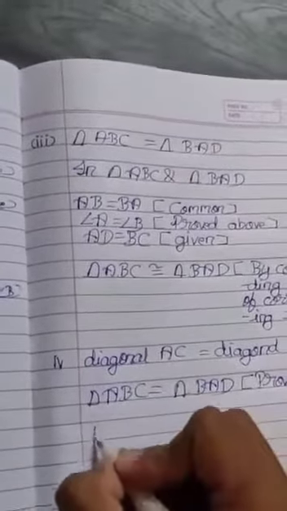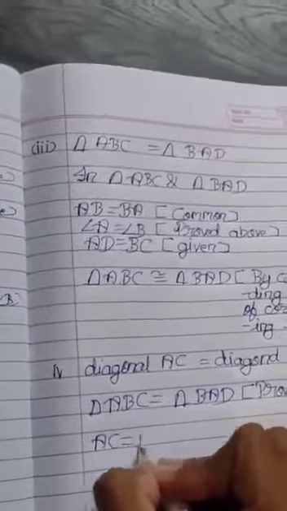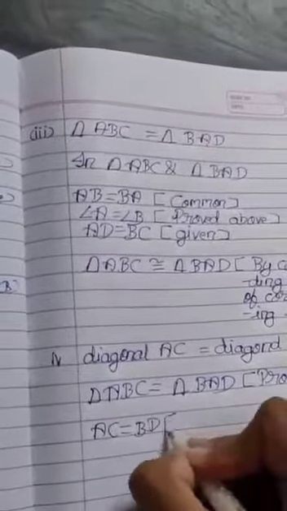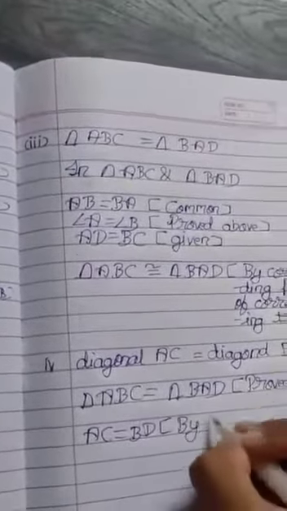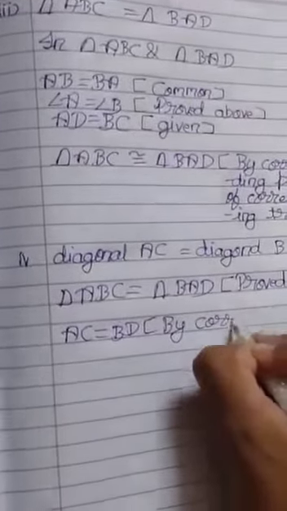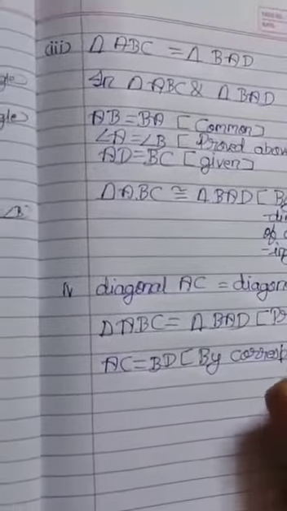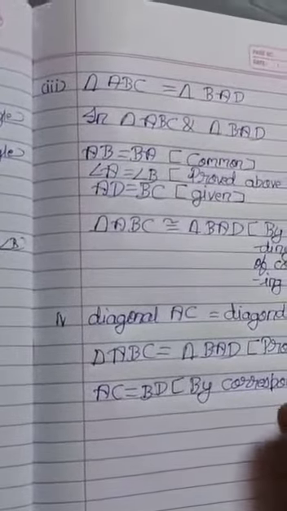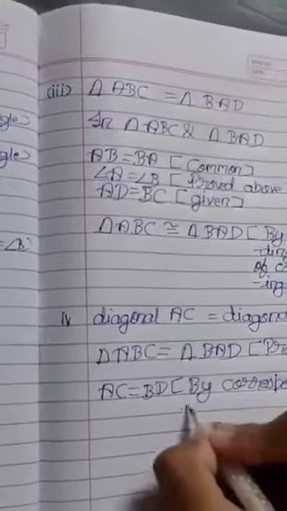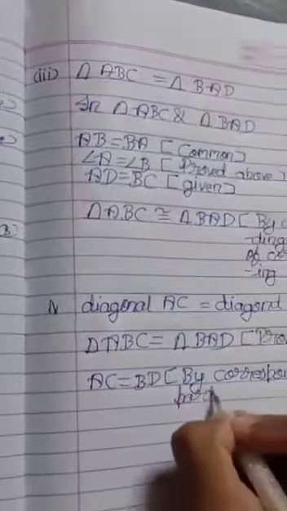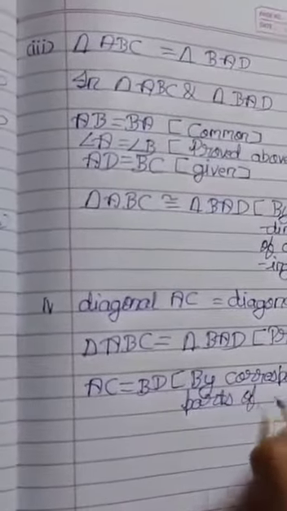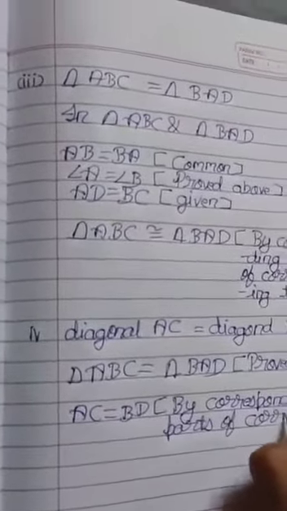So AC is equal to BD by corresponding parts of corresponding triangles.